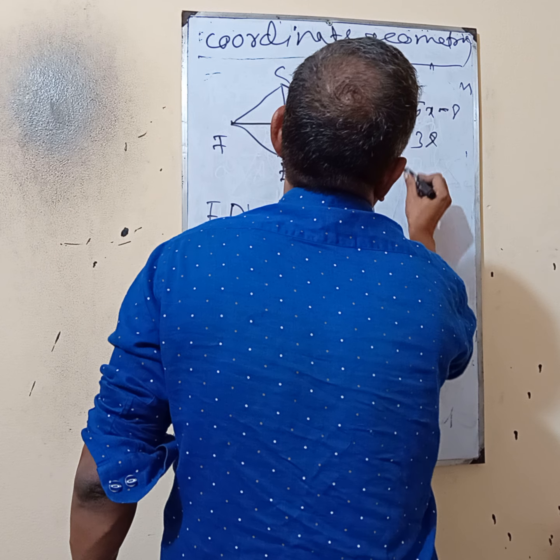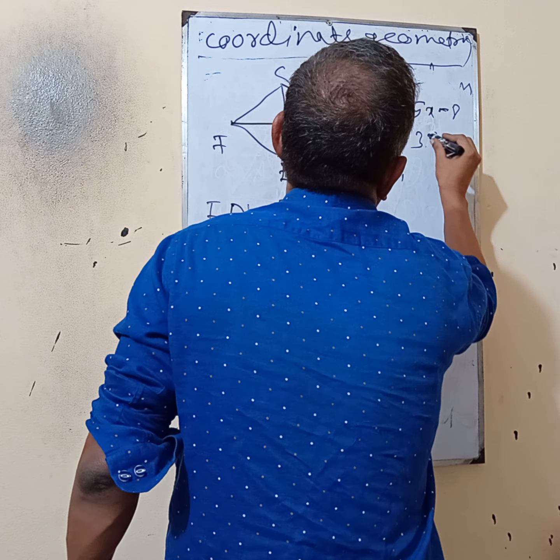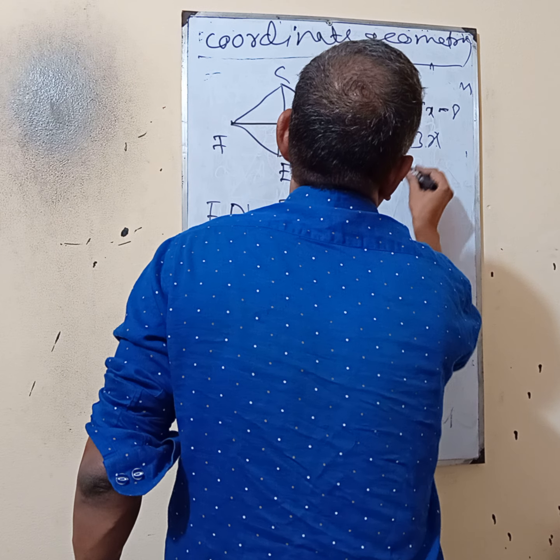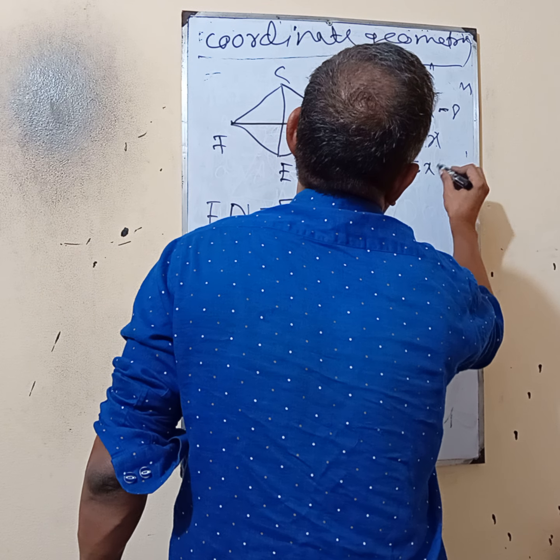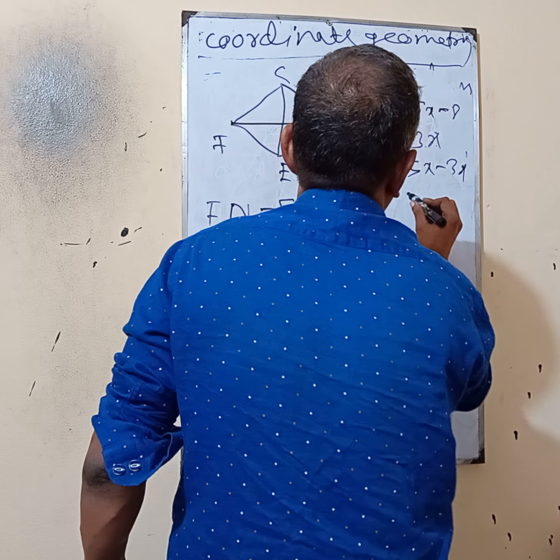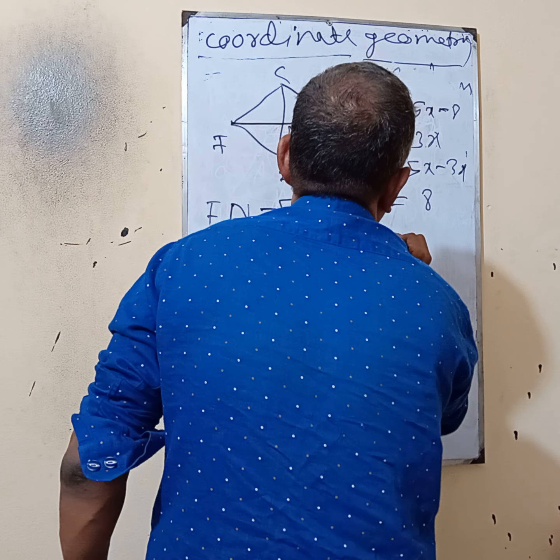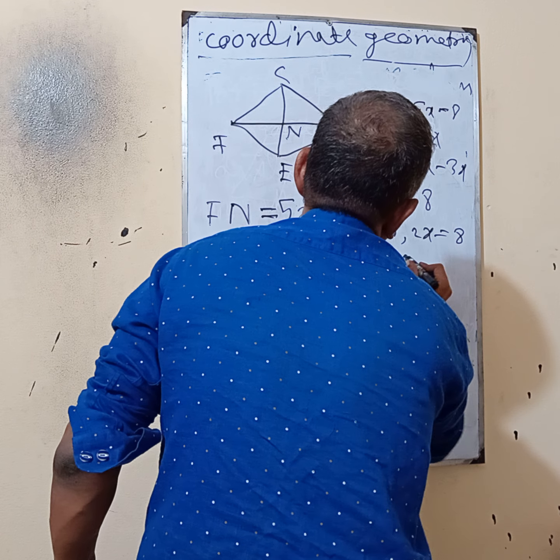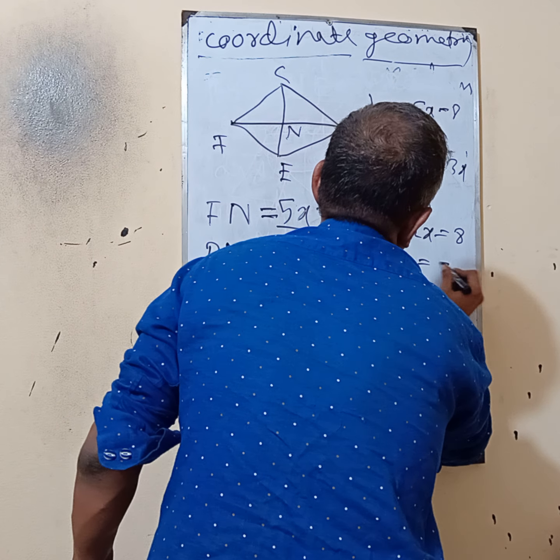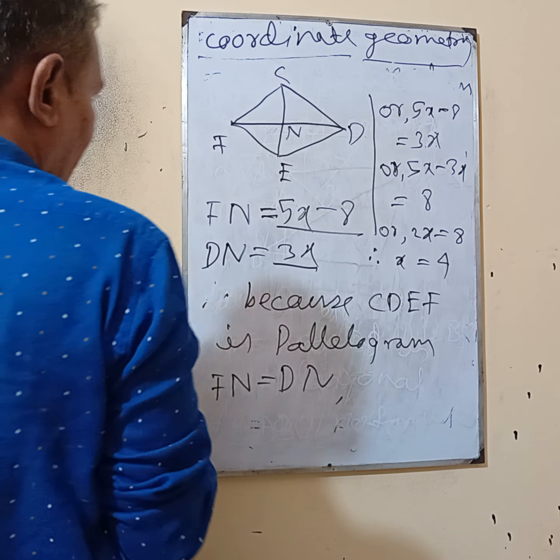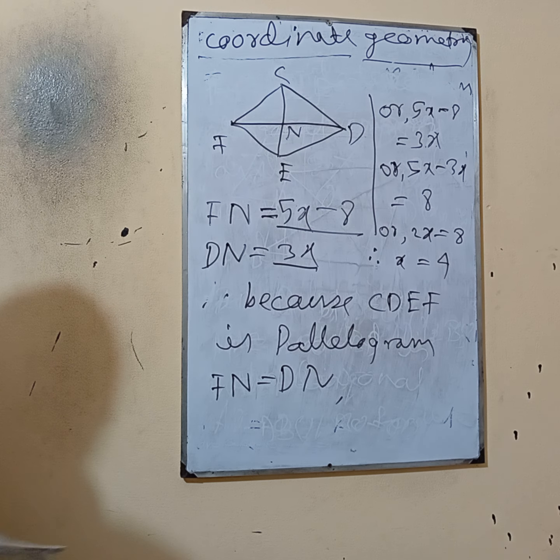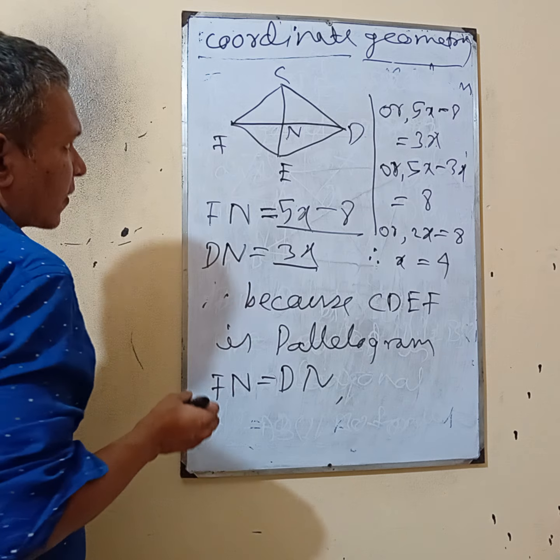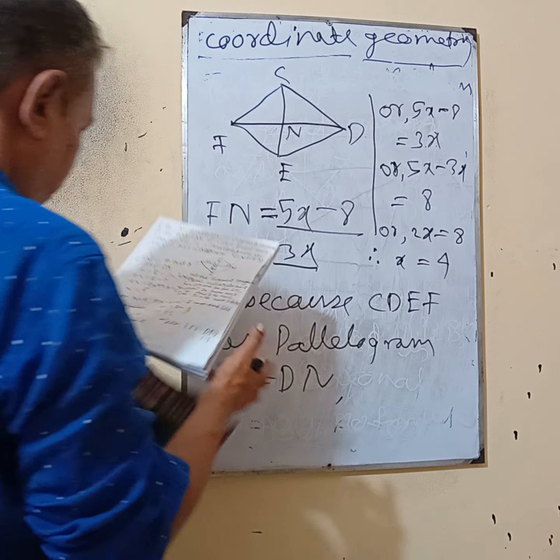So 5x minus 3x is equal to 8, 2x is equal to 8, therefore x is equal to 4.